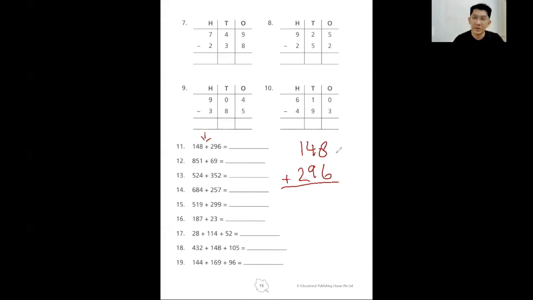Okay, so what we'll do is, because this is an addition operation, we'll do the plus. 8 plus 6. So what is 8 plus 6? Okay, 8 plus 6 is 14. Now, the reason why I write these numbers on the right is because there are 2 digits. So we need to learn how to put the right digits into the right place.